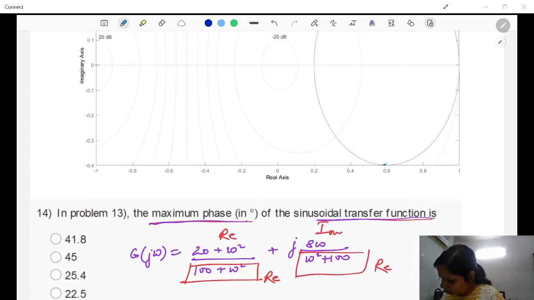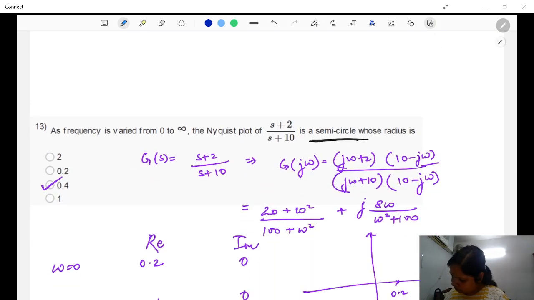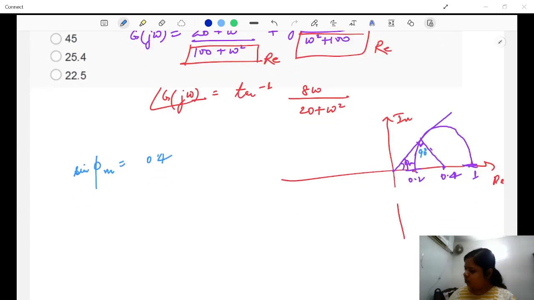Have I written the center of the circle correctly? No, I haven't. 0.4 is not the center, 0.6 is the center of the circle. The radius was 0.4, right?